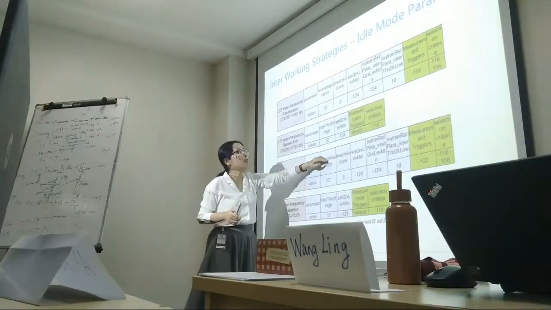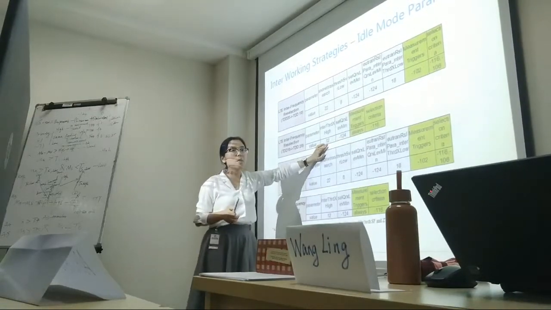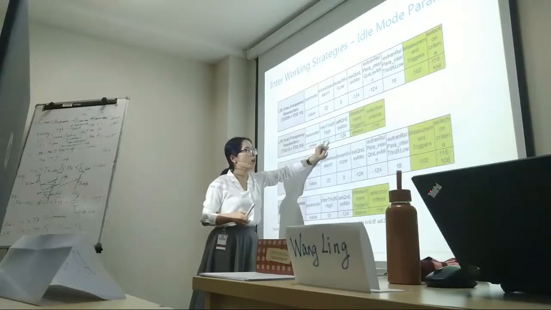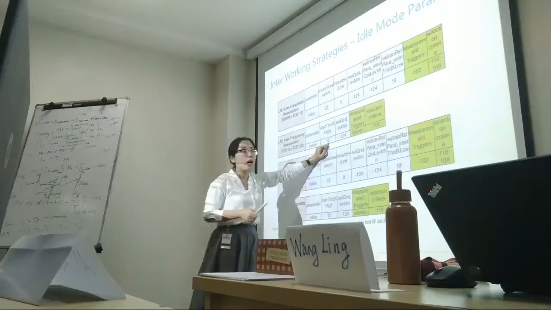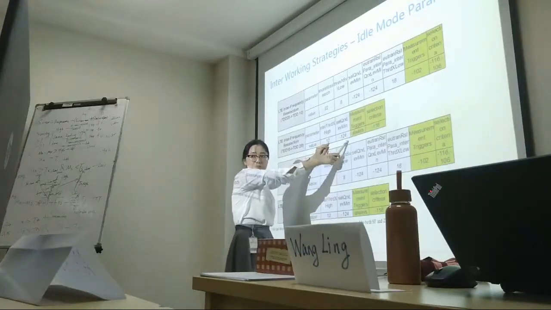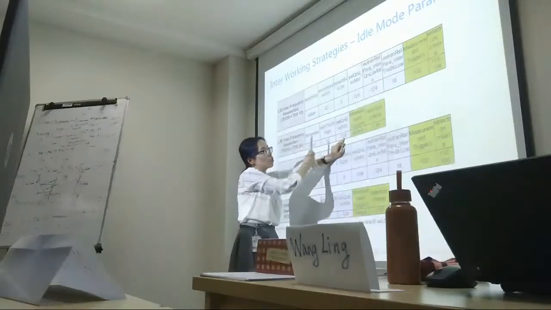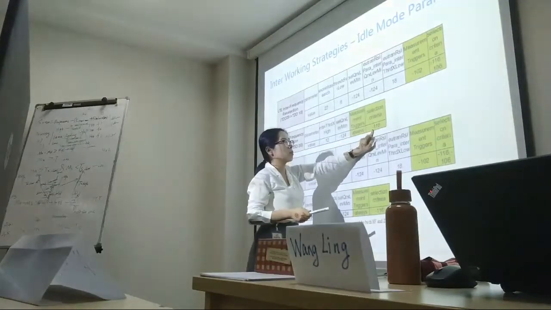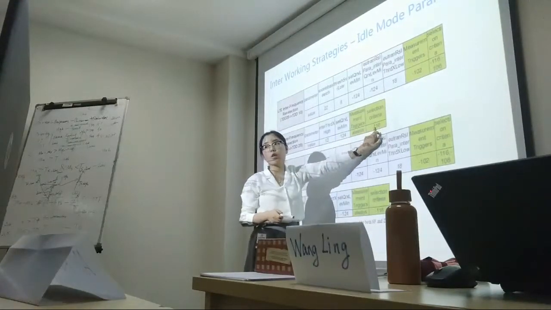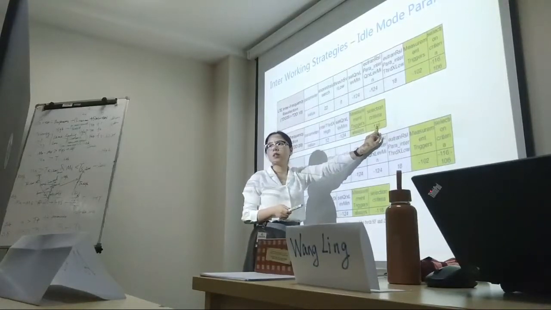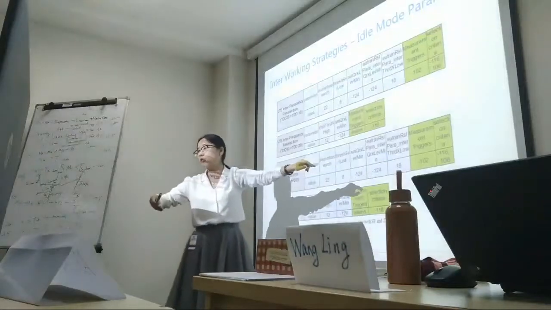If the neighbor cell S value is greater than 12, and the minimum value is -124, we can get that if the neighbor cell is greater than -116, I will reselect to the neighbor.